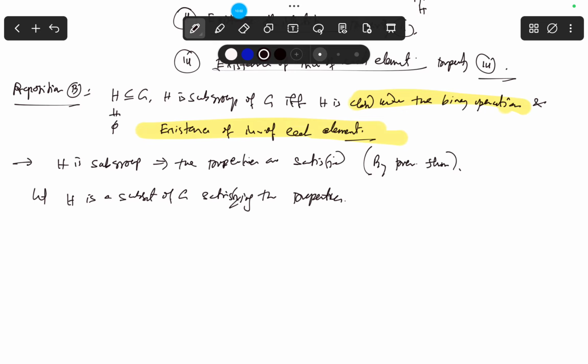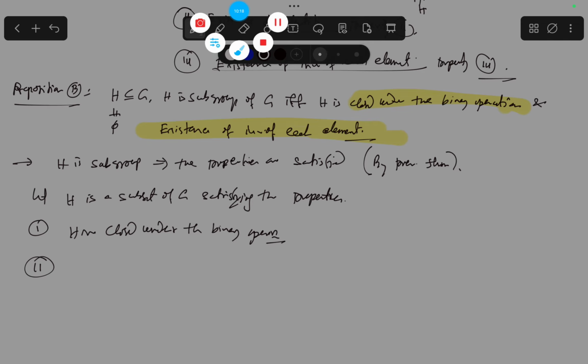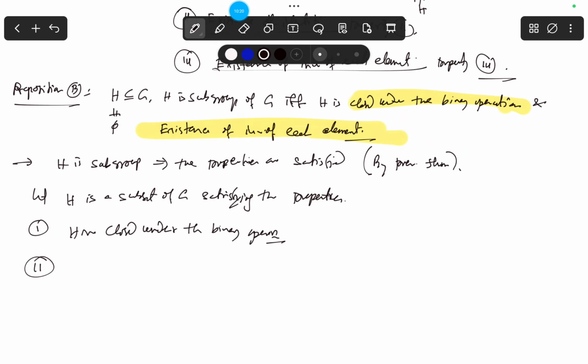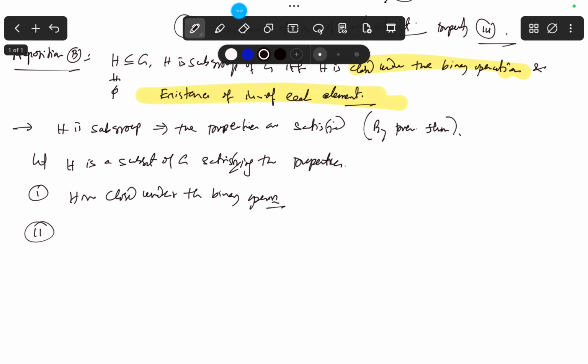Okay, so first of all, H is closed under the binary operation, and the second property says that there is existence of identity.